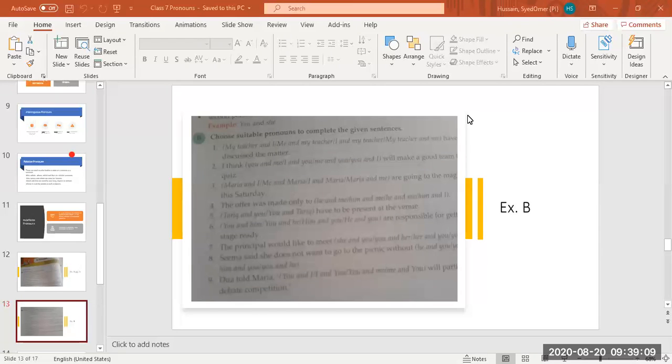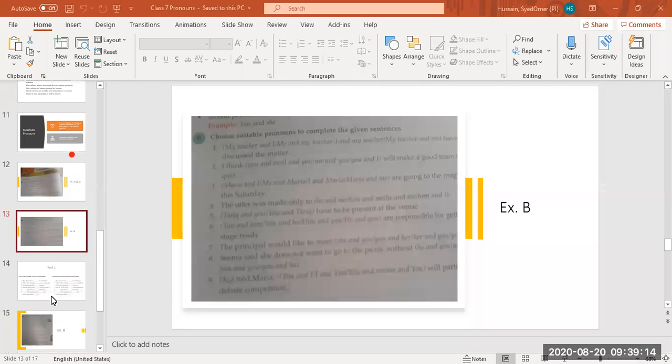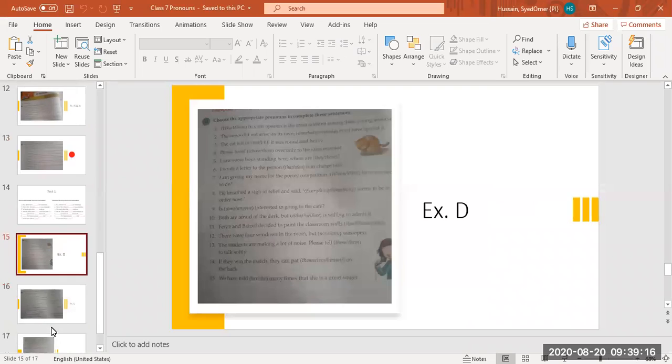Now, exercise D. Exercise D. You have to choose. Four sentences. We are going to start with Khatija. Yes, Khatija. First four sentences.